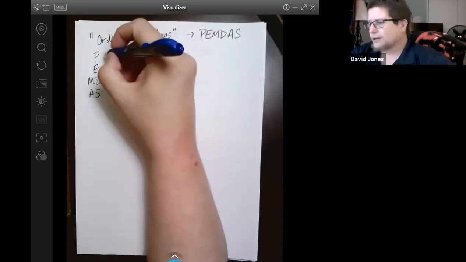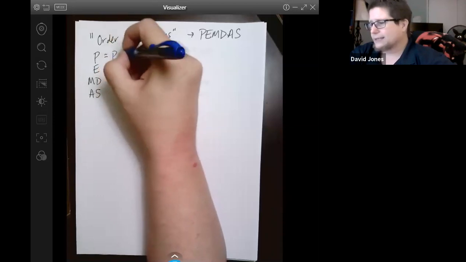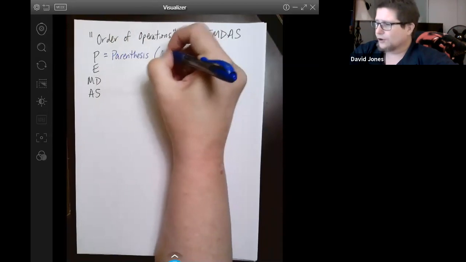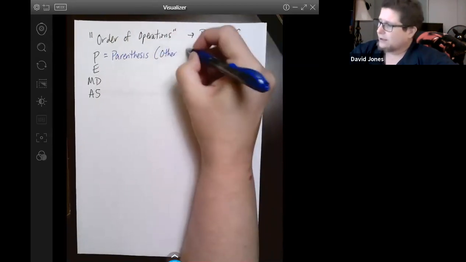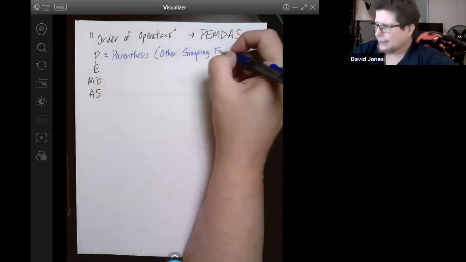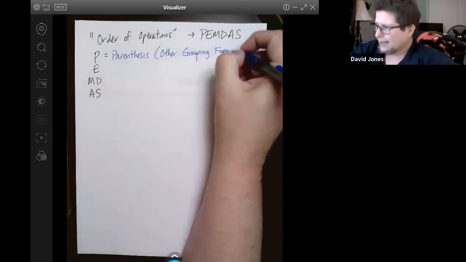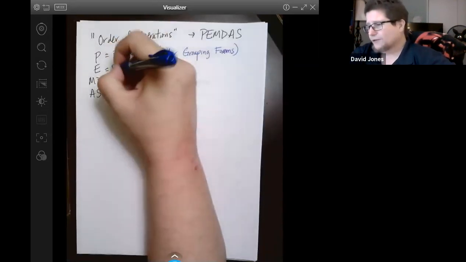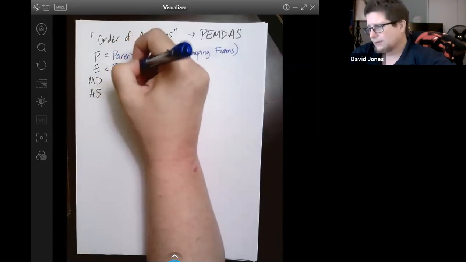The first operation we do is parentheses. And this includes other grouping forms like brackets or things like that. E is for exponentials and roots.